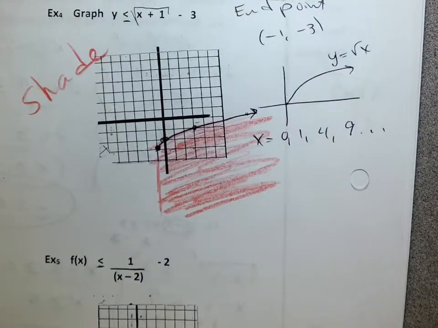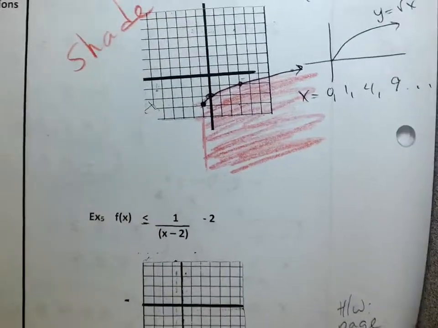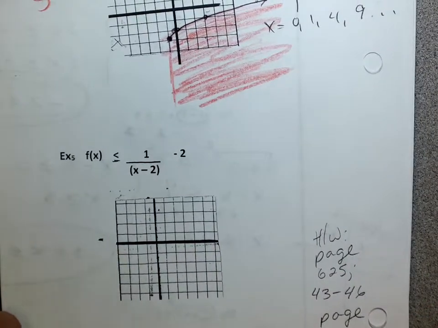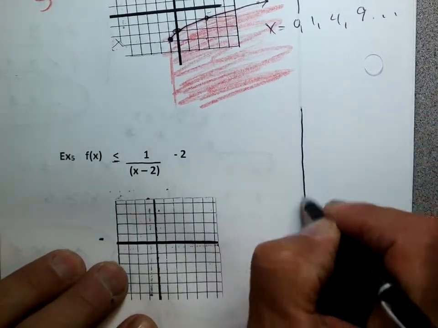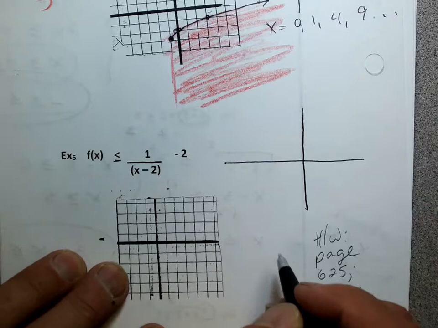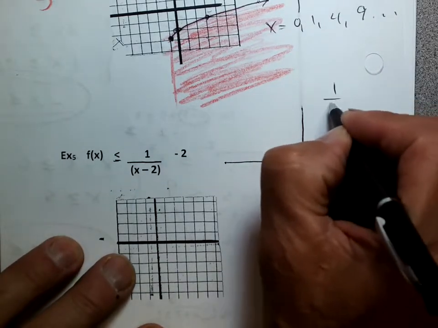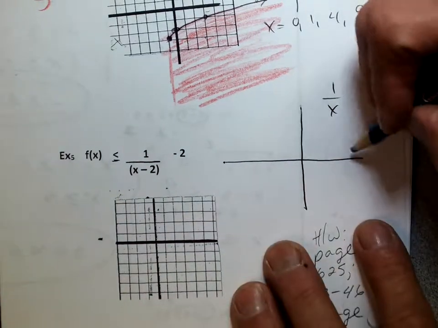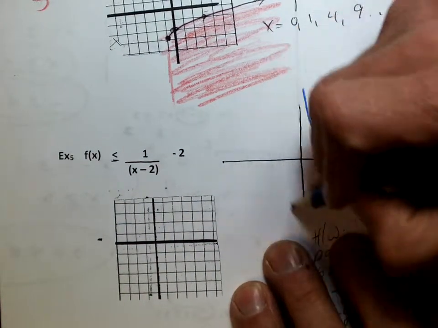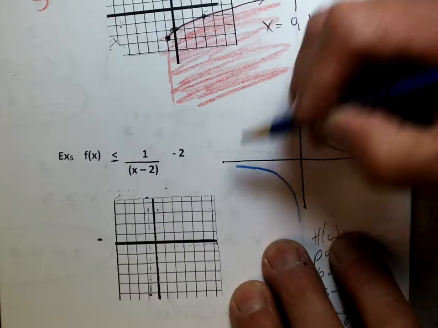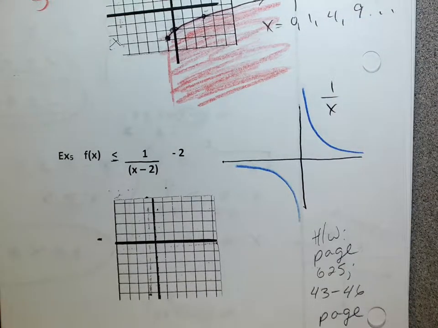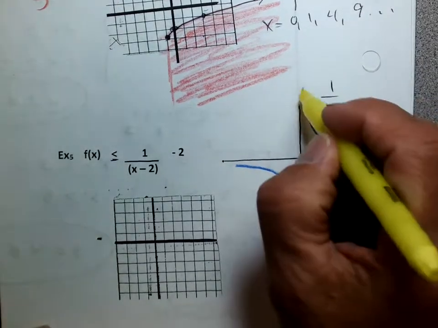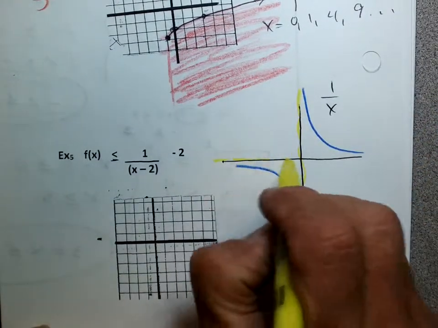Now, this last one, we haven't done these for a while, but a long time ago we talked about these kinds of graphs. And if I graphed 1 over x, we saw that the graph looks like this. This is a parent function. We have asymptotes at x equals 0 and asymptotes at y equals 0.